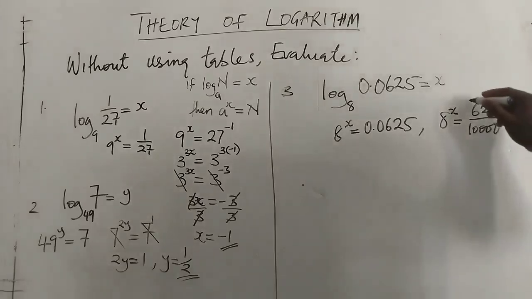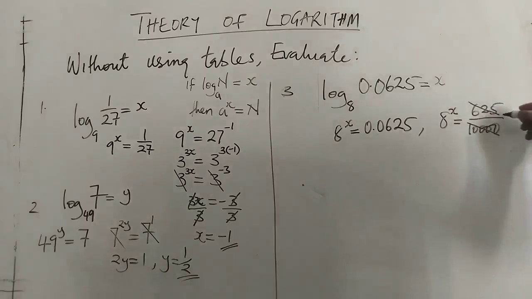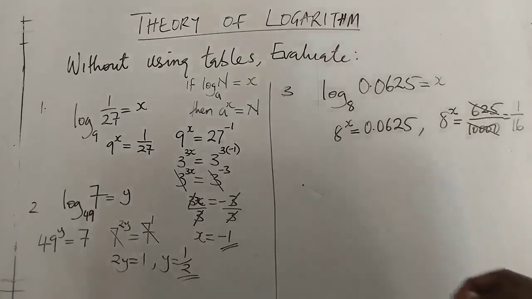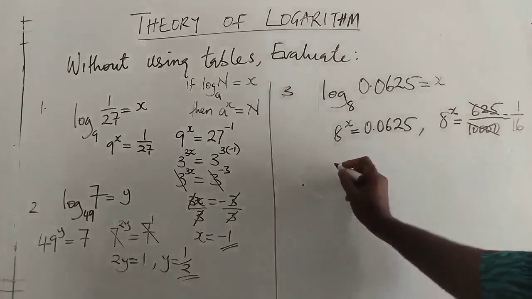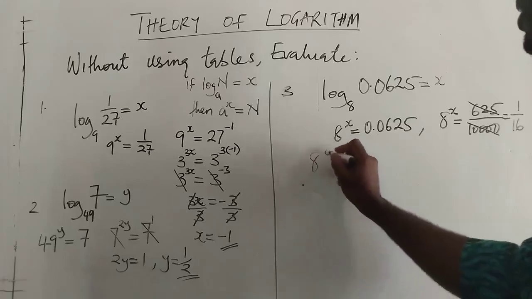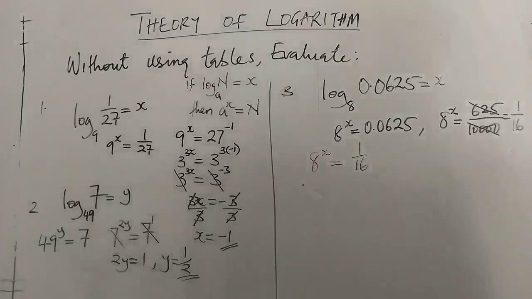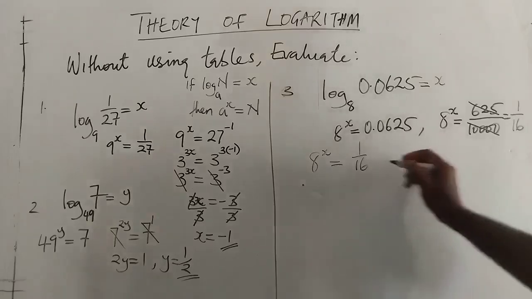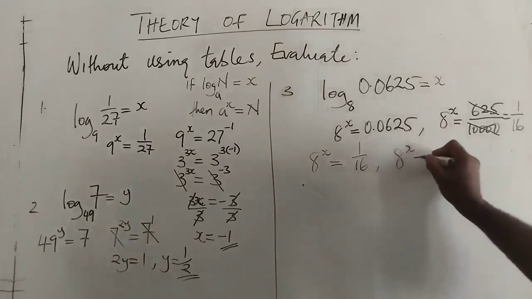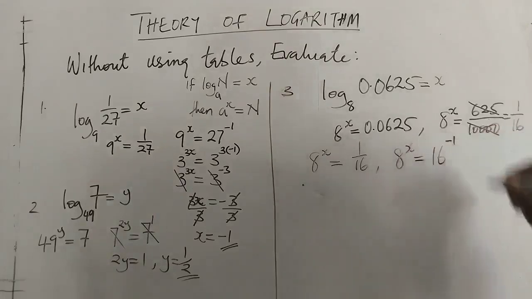Then you can reduce them. When you divide with 5, continuously with 5, you arrive at 1 over 16. Then, going further, we'll have 8 raised to power x equals to 1 over 16. Of course, 8 raised to power x equals to 16 raised to power minus 1.